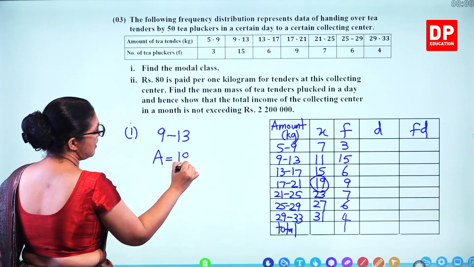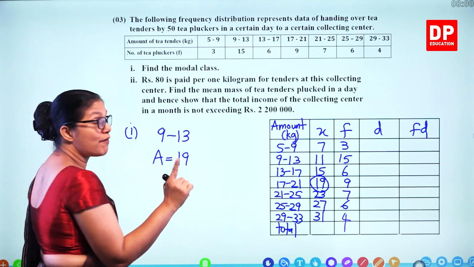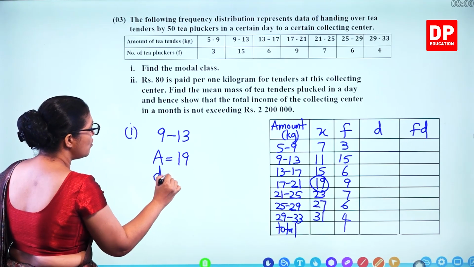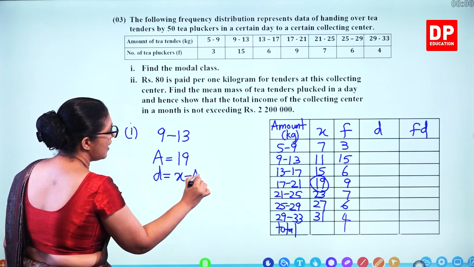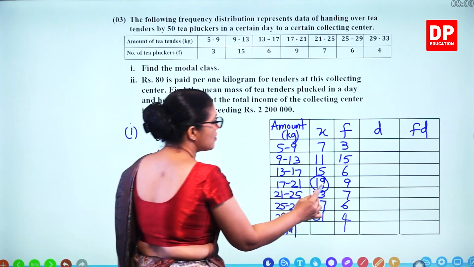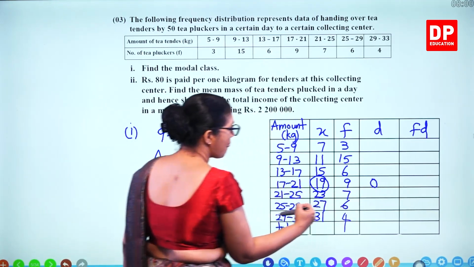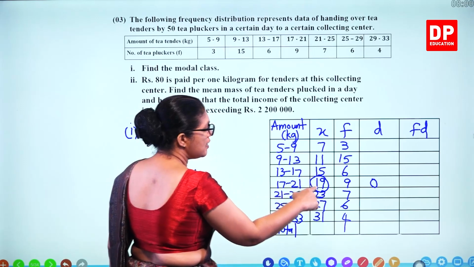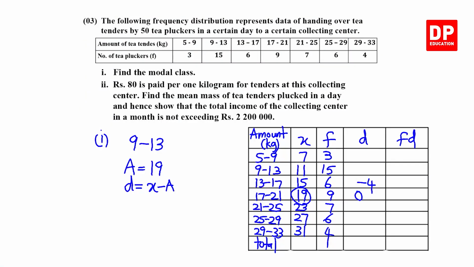Assumed mean 19. Then we can find the deviation using x minus a. So this becomes 0. 19 and 15 difference is 4. These are minus values: minus 8, minus 12.